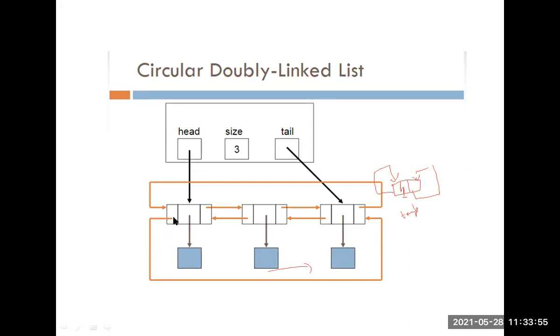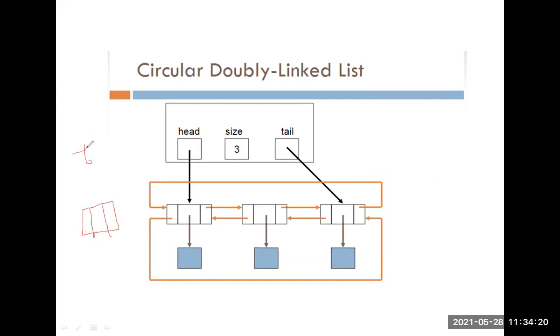So what are the elements present here? This is the first node, and first of left link contains the last node address. If you want to insert a new node here, then it becomes the first node.